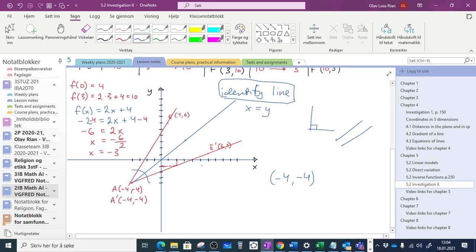So every point on this line has the same coordinates, so 1, 1, 2, 2, 3, 3, 4, 4. And for linear equations, this is always the case with the inverse function, that it's mirrored around the identity line.